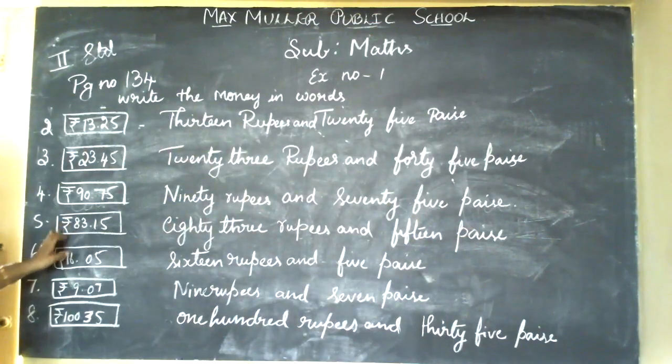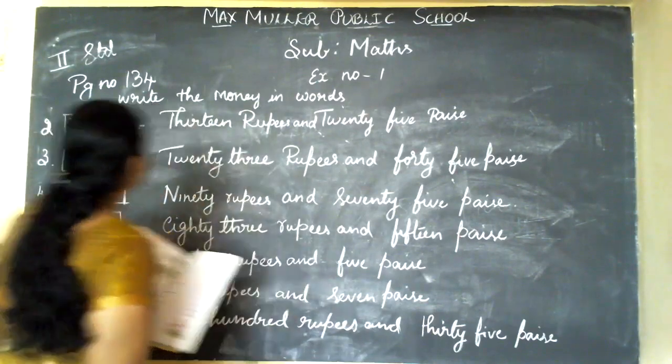I will give 5 minutes to write neatly, children. Write neatly. I will rub. And now shall I rub second and third, children? Second and third.